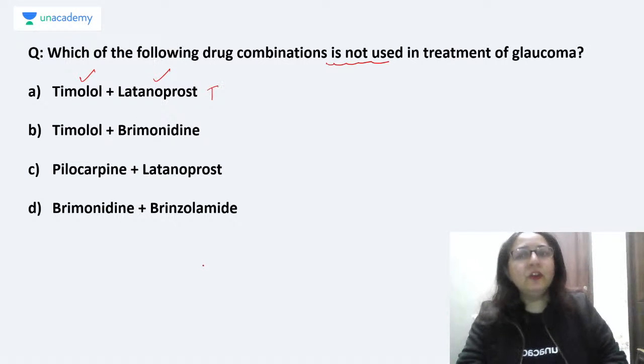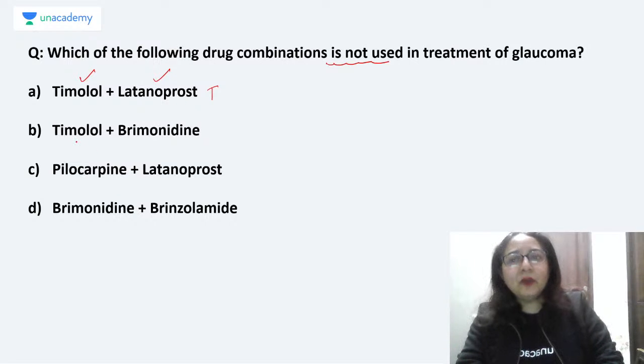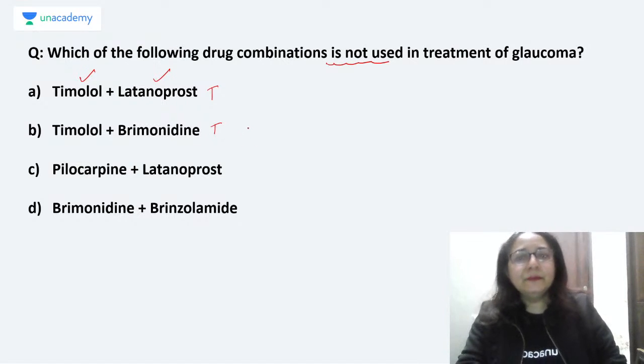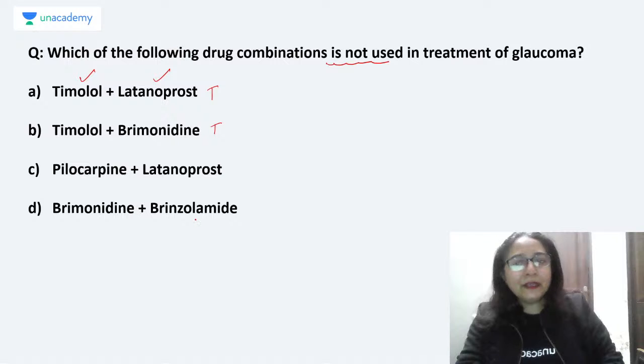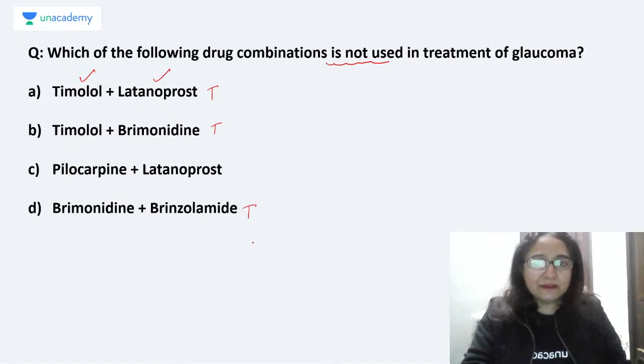So this is a good combination to be used. Then timolol plus brimonidine, again timolol aqueous suppressant, brimonidine has dual mechanism, so increased efficacy. The side effect profile does not increase the side effects in both the combinations. Coming to brimonidine brinzolamide, brinzolamide is again a topical carbonic anhydrase inhibitor, acts as an aqueous suppressant. Brimonidine has dual mechanism of action, so they also increase the efficacy, right?